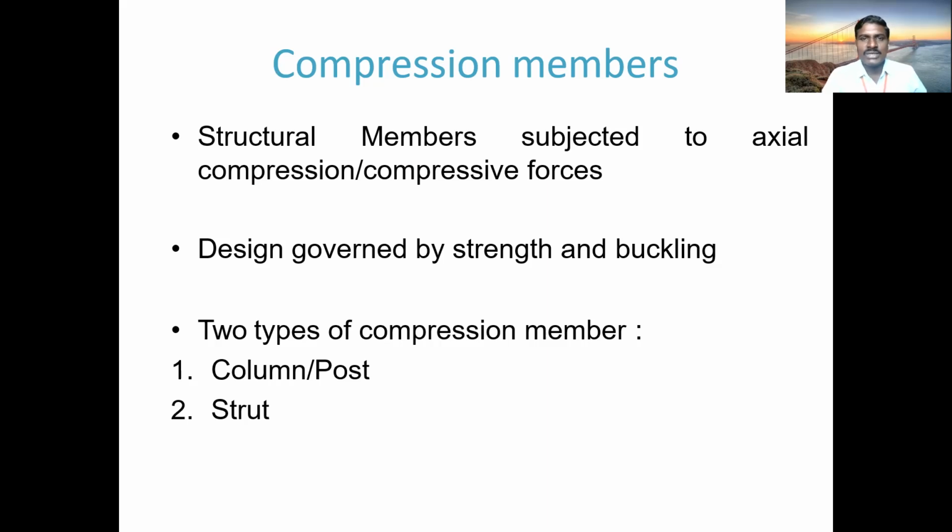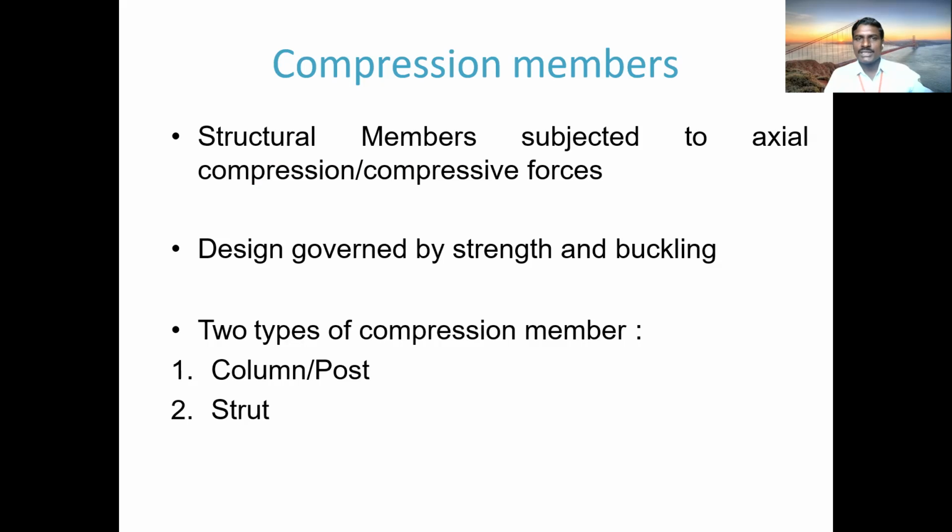As I told you, what is the meaning of structural member? In the last chapter also I told you the meaning of structural member. Load carrying. Those members which are under loading.